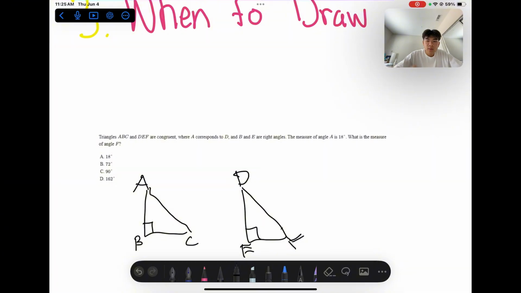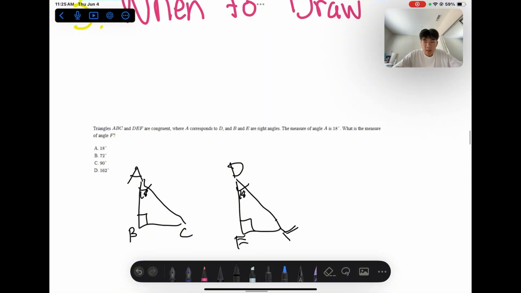We know that the measure of angle A is 18. Since both triangles are congruent, their angles are the same, so this is also 18. And then we're trying to find the measure of angle F, right? So we know 90 plus 18 plus the measure of angle F is equal to 180.